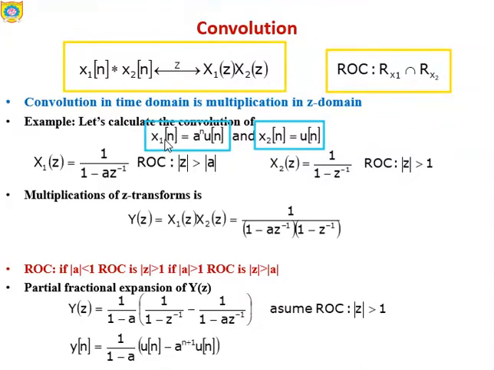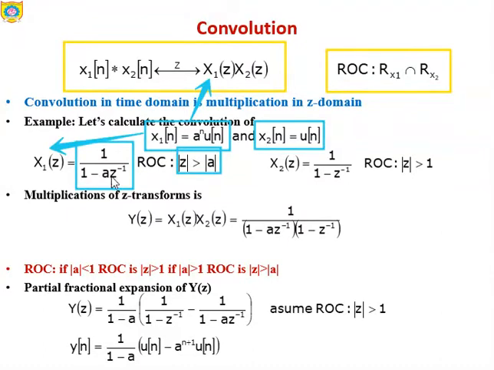For x1 of n, by comparing with this particular formula, I need to calculate x1 of z. So its x1 of z will be 1 upon 1 minus a z inverse. Once we get this x1 of z, its ROC will obviously be mod z greater than mod a, because the signal which is given is a causal sequence.